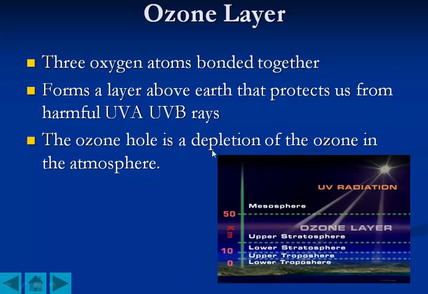The ozone hole is a depletion of ozone in the atmosphere. So if there is no ozone somewhere in the ozone layer, the light rays will directly reach the troposphere, and that increases the temperature in the troposphere.